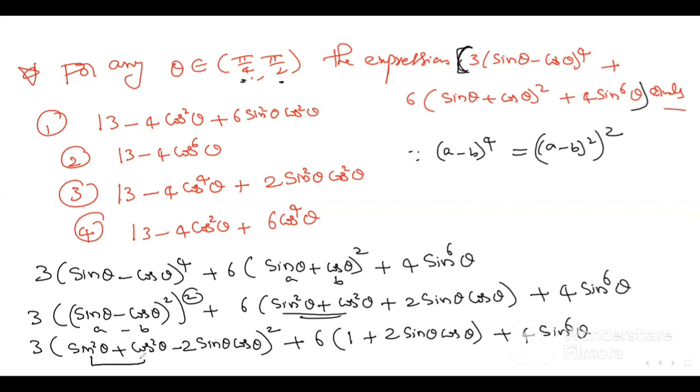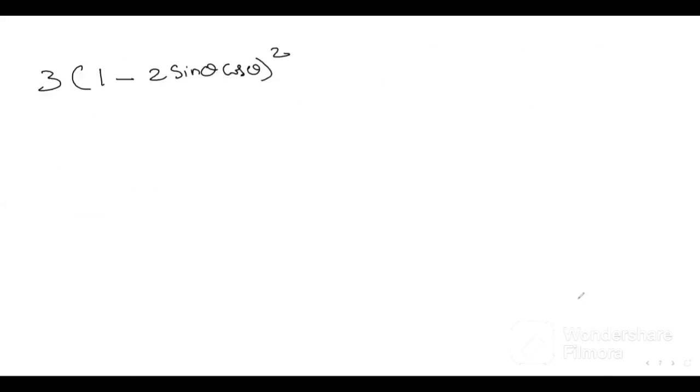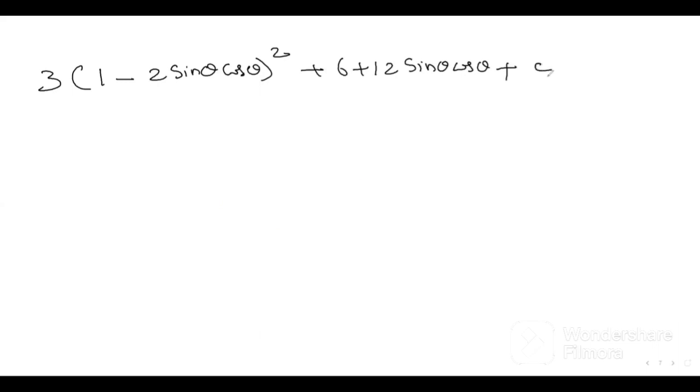Here sin square theta plus cos square theta is 1, so 1 minus 2 sin theta cos theta. 3 times (1 minus 2 sin theta cos theta) whole square, plus 6 multiplied to all, we get 6 plus 12 sin theta cos theta, plus 4 sin to the power 6 theta.